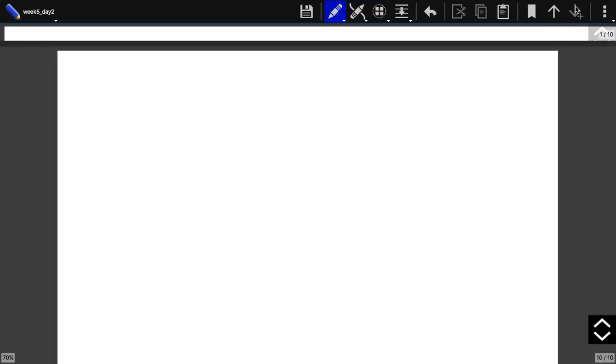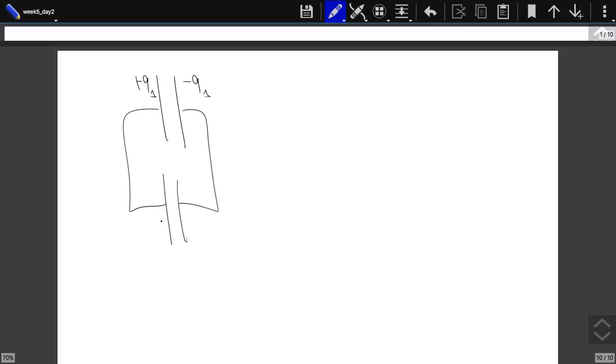Well, let's solve it in a different way. Plus Q1, plus Q2, no, minus Q1, minus Q2 plus Q2. I chose the signs wrong. So let's determine what Q2 is in this example.